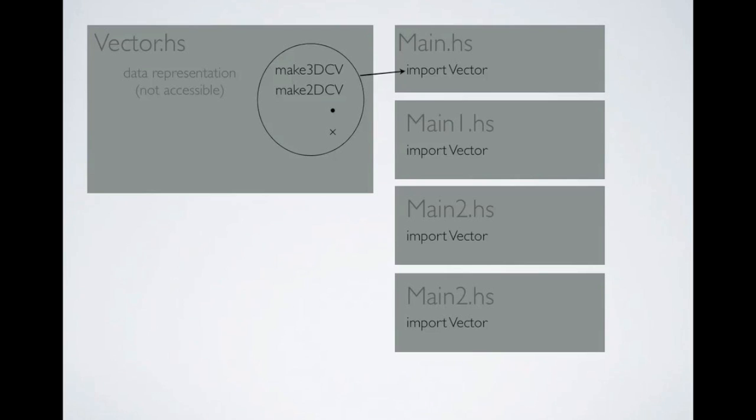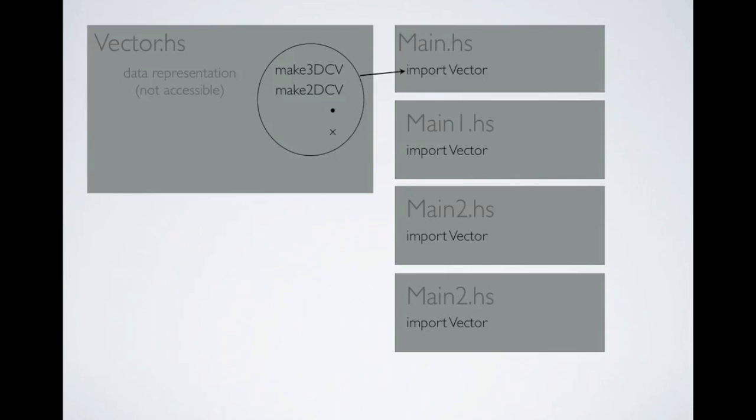You can give the other modules functions that will allow you to represent data in whatever way you want. You export these functions, so you export make 3D CV and make 2D CV and the dot product and the cross product, but you do not export the way in which you represent data. The way in which you represent data is not accessible anymore to any of your functions. As a result, you are free to change the way in which data is represented.